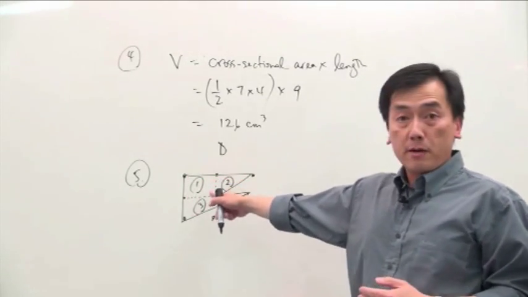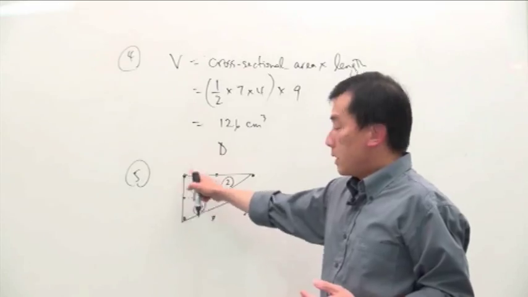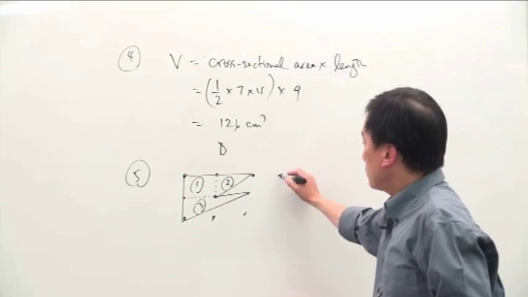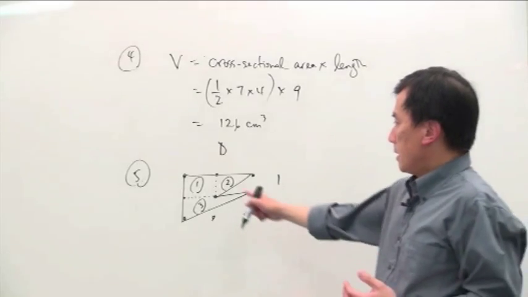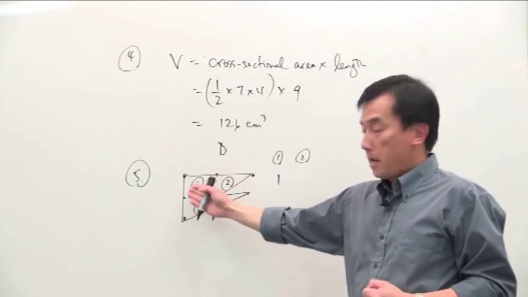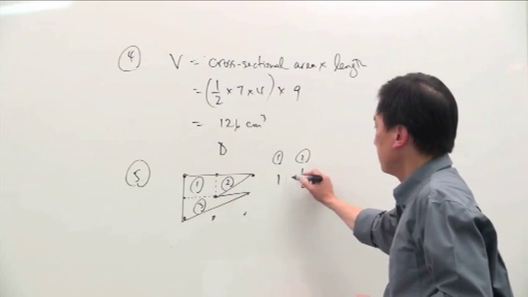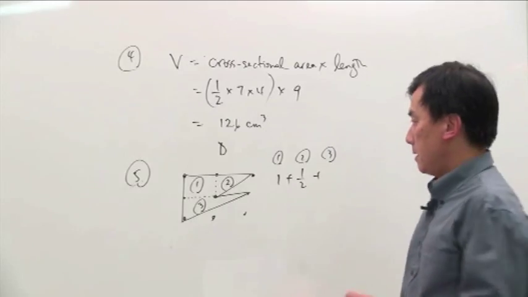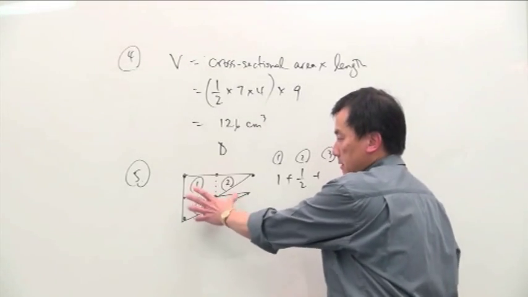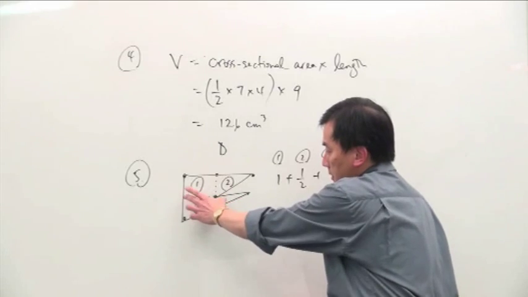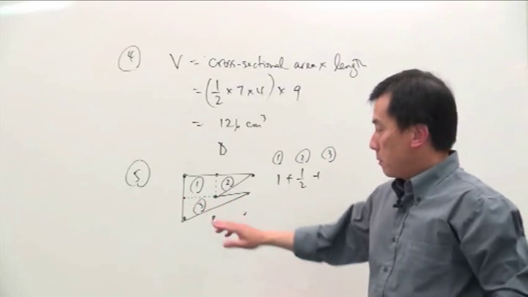Now area 1 is pretty straightforward. That's just 1 unit times 1 unit. So that's going to be 1 times 1, which is 1 unit square. Now area 2, that's going to be half of that area 1. So that will just be a half. Now area 3 is slightly different. You can think of it as half of a rectangle, sorry, my apology.